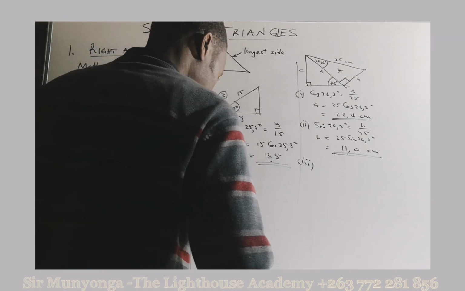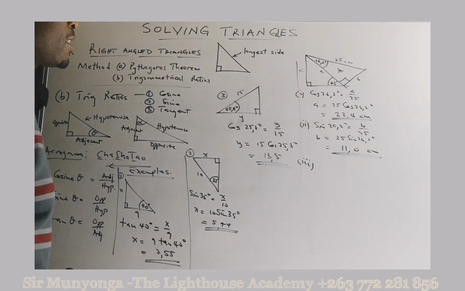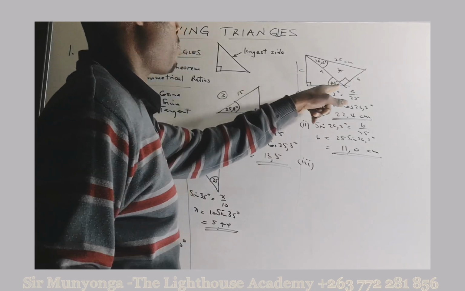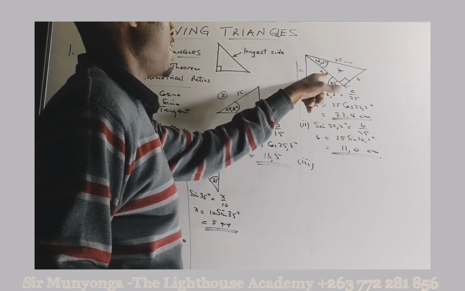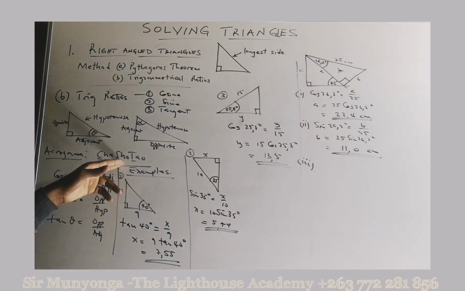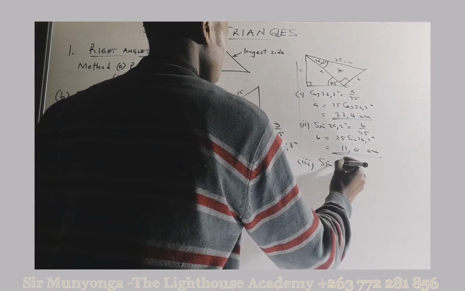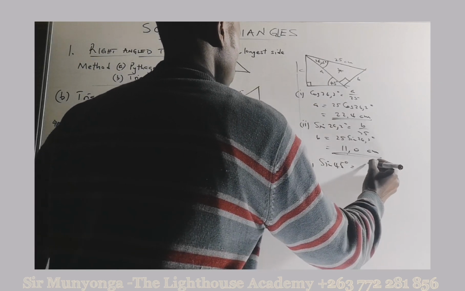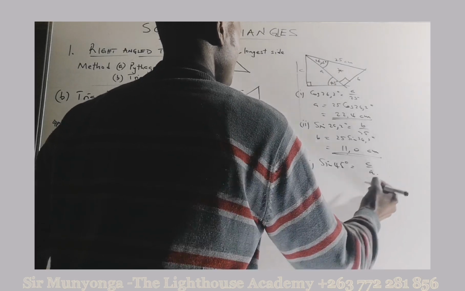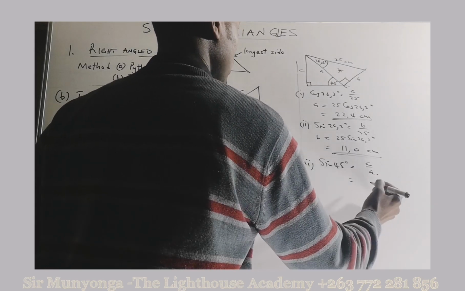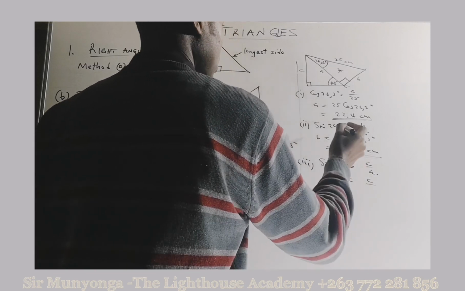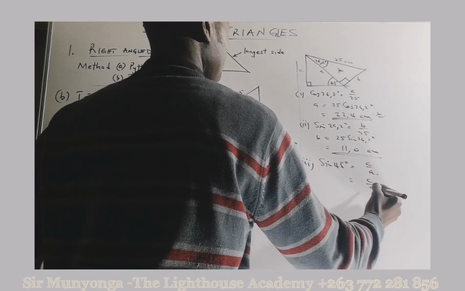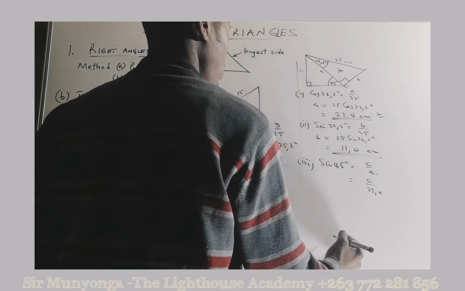Then the last one, that's for C. Remember, now we have the value of A. We can say C is opposite to the given angle 45 degrees, and then A is the hypotenuse. Opposite and hypotenuse, that's sine. So we say sine 45 degrees is equal to opposite, which is C, over hypotenuse A. Remember, our A is equal to 22.4.